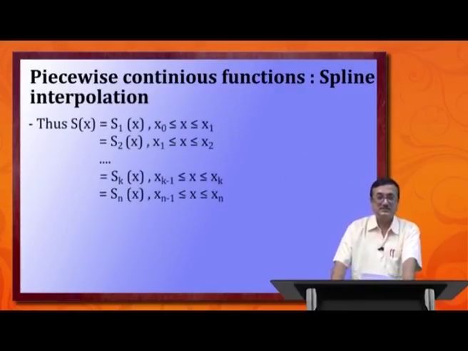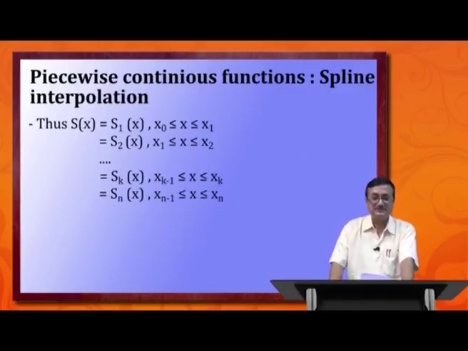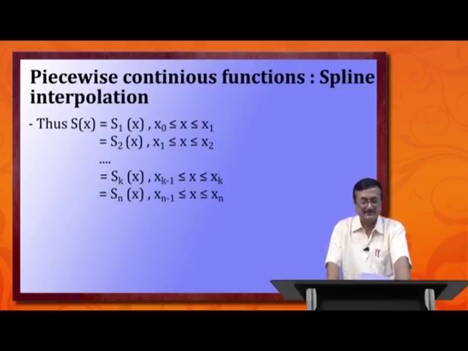Thus, S(x) is equal to S1(x) in the region x0 to x1, is equal to S2(x) in the region x1 to x2, is equal to Sk(x) in the subinterval x_{k-1} to xk and is equal to Sn(x) in the subinterval x_{n-1} to xn.